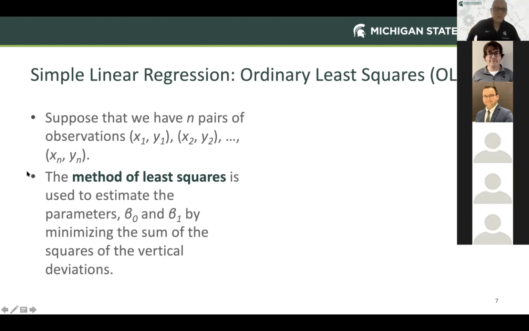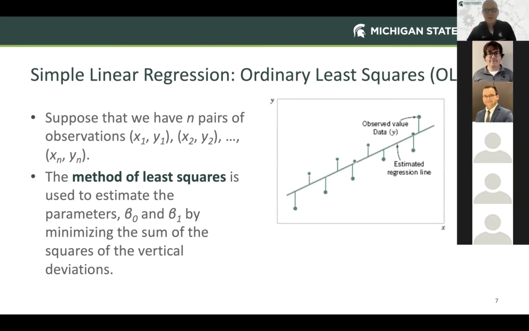And so what we're doing in least squares is we're trying to estimate those parameters, beta naught and beta 1, by minimizing the sum of the squares of the vertical deviations of each of these points from a best fit line. And so if we look at this graphically, let's say, as in our case here, we have a bunch of different rumble strip depths on the x-axis, we have some noise levels on the y-axis.